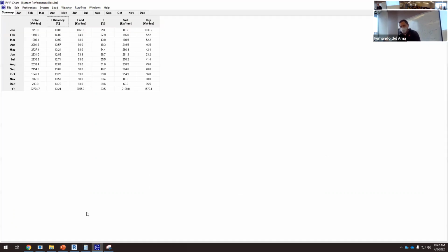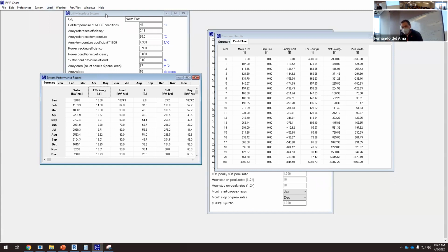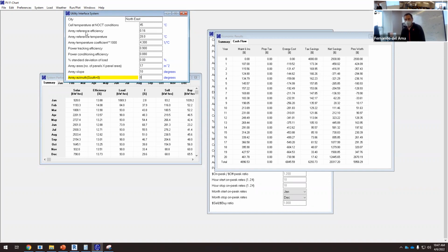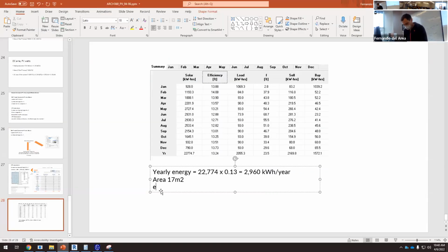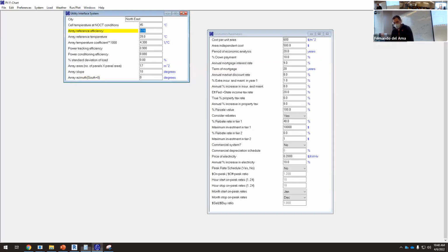I think I could select the efficiency. Okay, the efficiency is 16%. What are other outputs? Well, the other one is the array slope, and that's it.